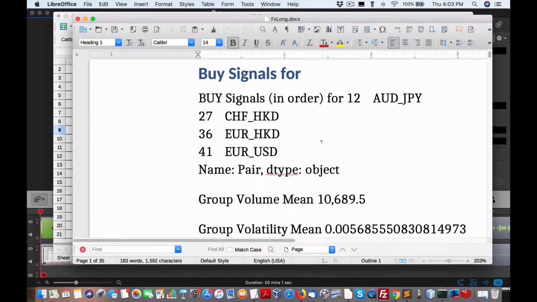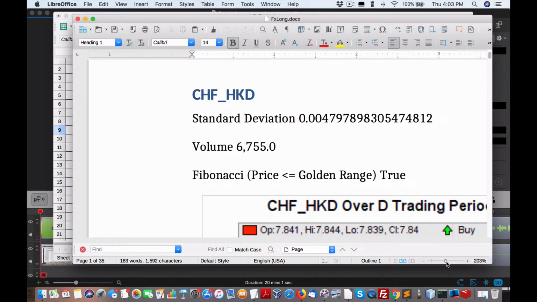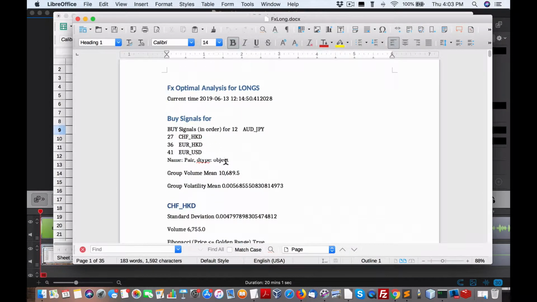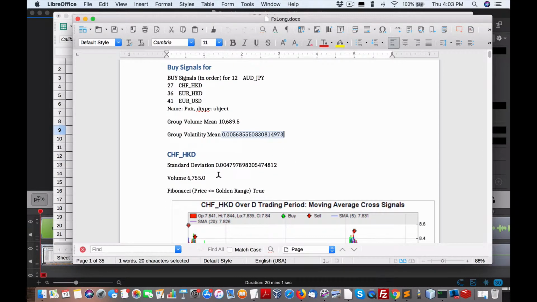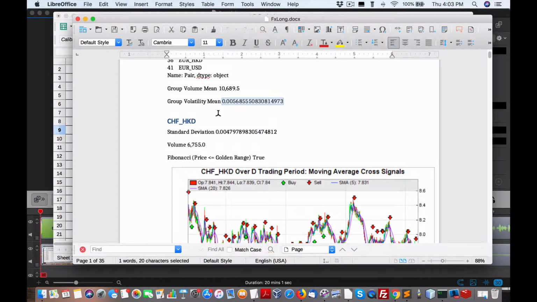We got 4 pairs. Again, in this kind of report, really important to understand this, I provide among those 4 here the group mean, the volume mean, and the volatility mean. So you can compare each other against the group, see which one's more volatile or which one has higher volume.